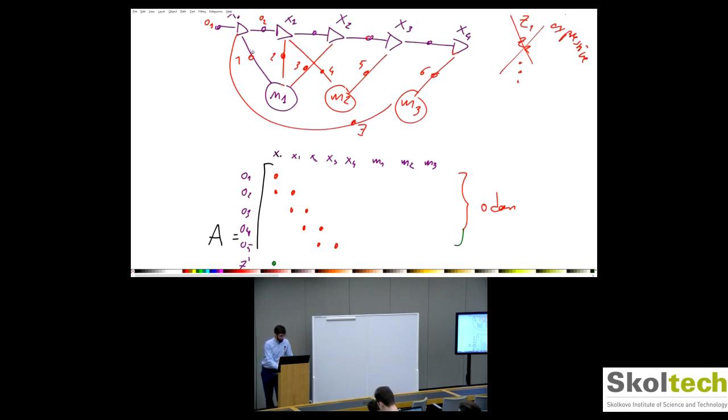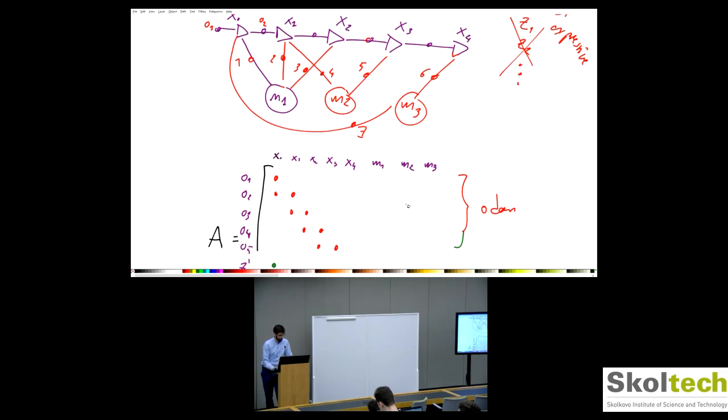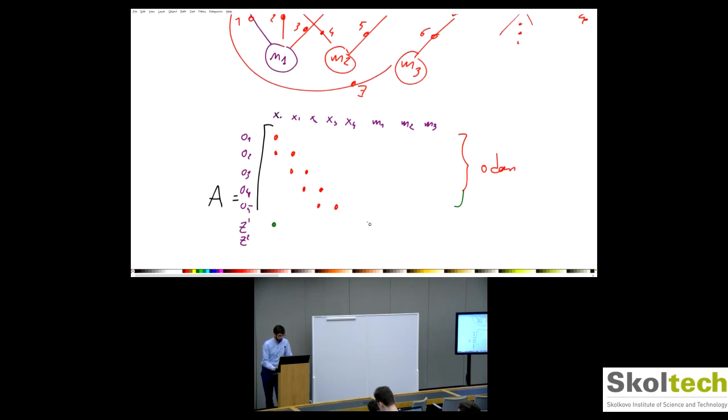Okay, so x0 and m1. Right, m1. So why are these things 0? Because if you do the derivative of the first observation with respect to m2, it is going to be 0, right?